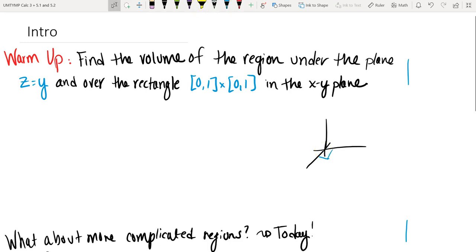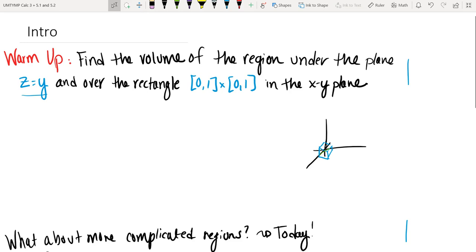And then if you imagine this plane, and you think about that being under the plane, it would certainly have a maximum height of 1 unit. So it would be this unit box at most, and then you're taking a plane that's cutting through it at a diagonal, where z is equal to y, and so you'd have something like half of a box.